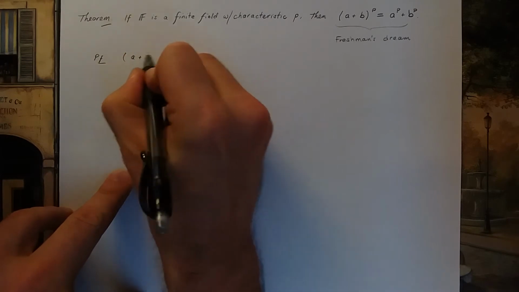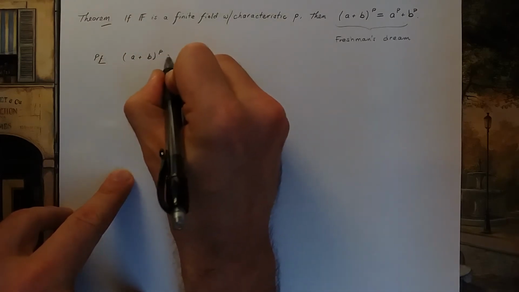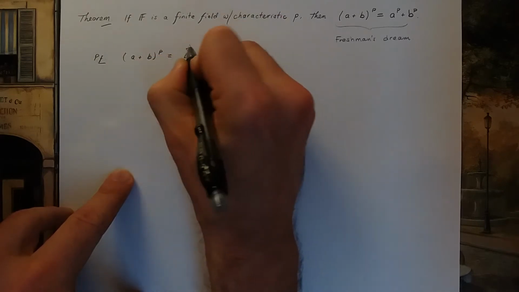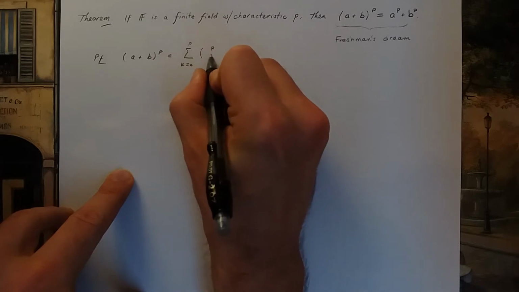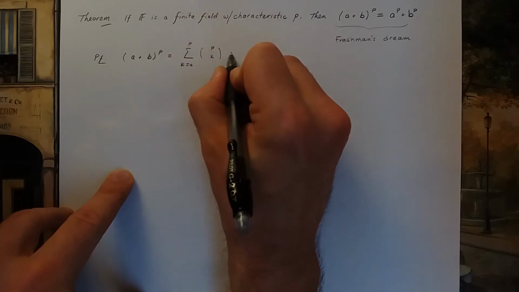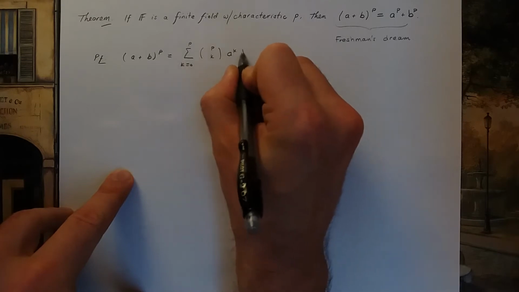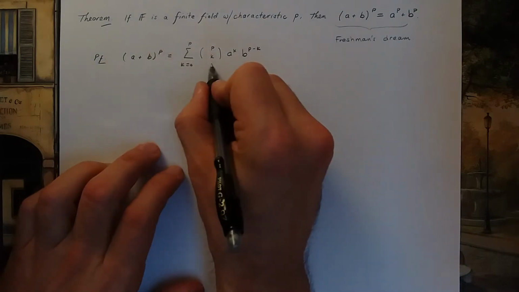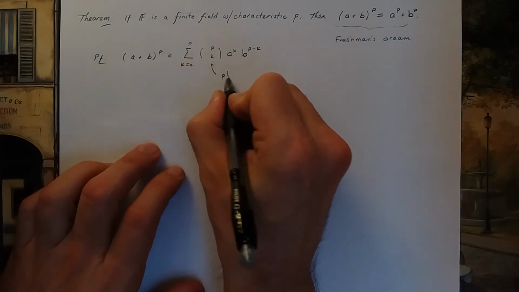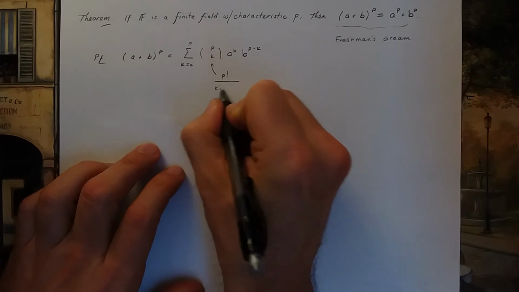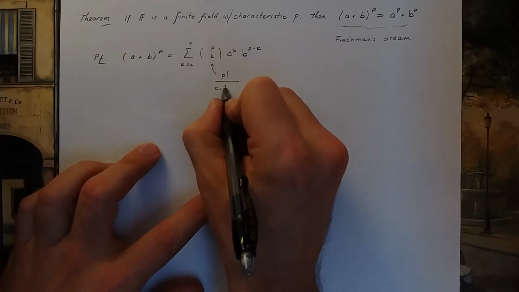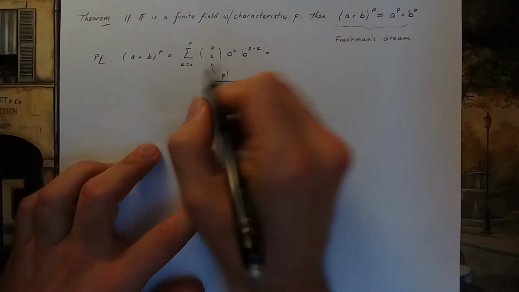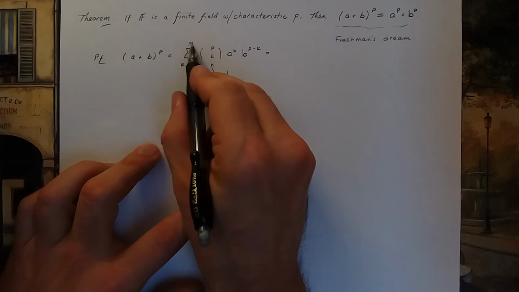It all comes from the binomial theorem, which tells me the expansion of this term. It's the sum, k going from 0 to p, of the binomial coefficient p choose k times a^k times b^(p-k). Now this binomial coefficient is p factorial over k factorial times (p-k) factorial.